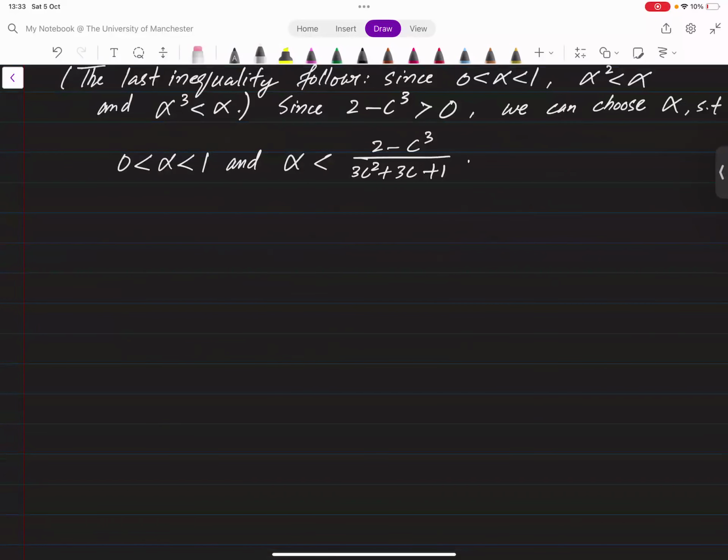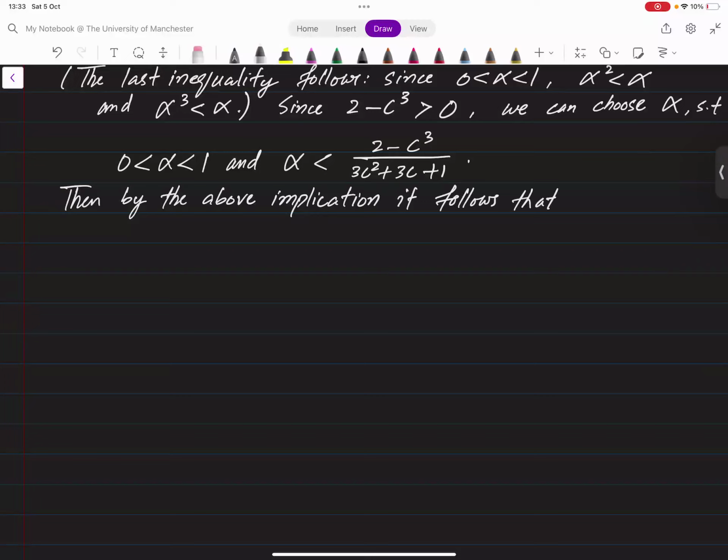Then, by the above implication, it follows that (c plus alpha) cube is less than 2.